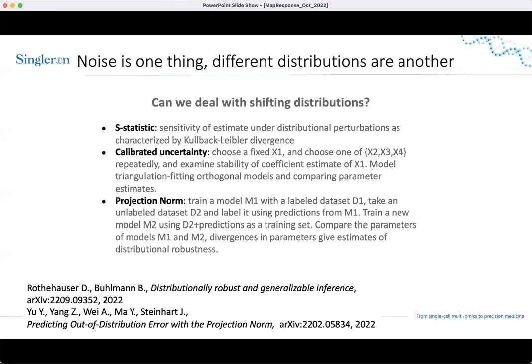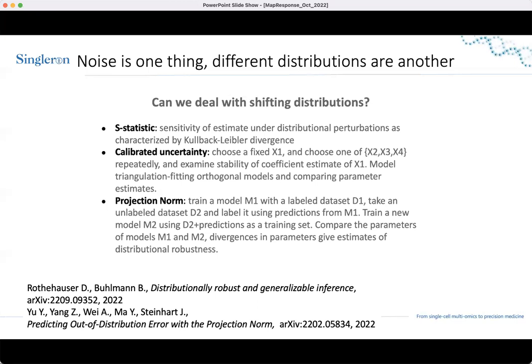You may have quote unquote AML data, but if it's coming from a different lab or a different hospital, this data is going to have a different distributional characteristic than the data you train on. Right?